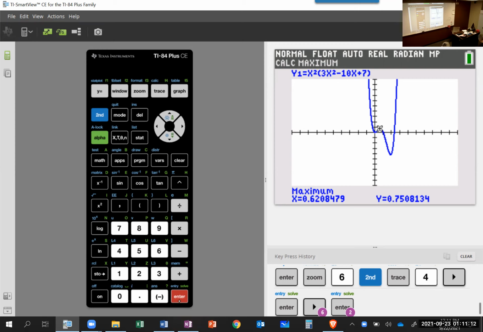It's 3 buttons. It's 3 steps. Okay. Do you get 1.87 and negative 4.2, something like that for the minimum value? Yeah? Okay.